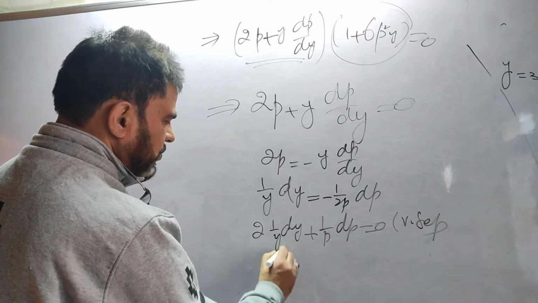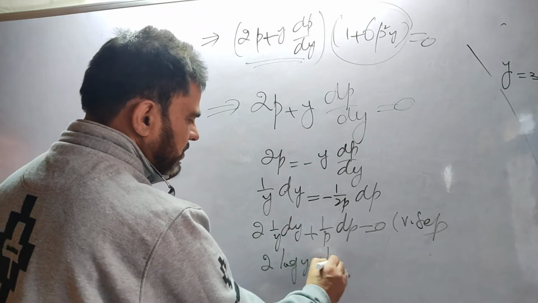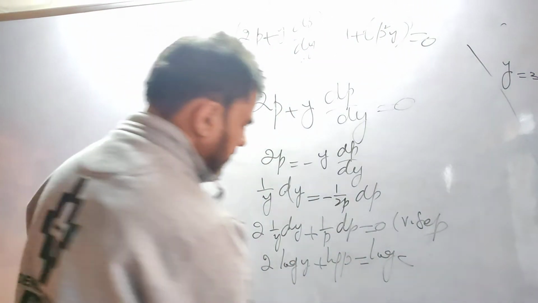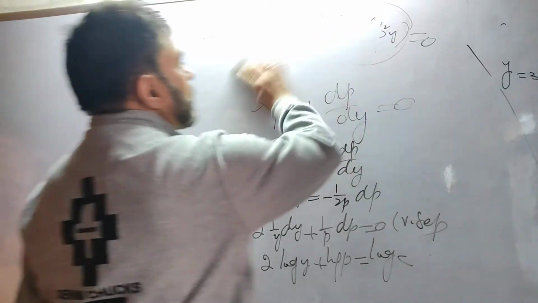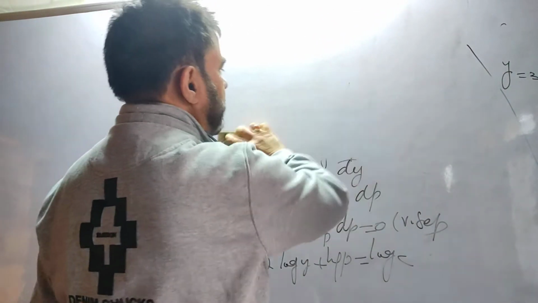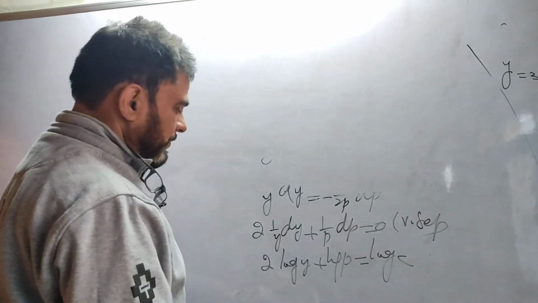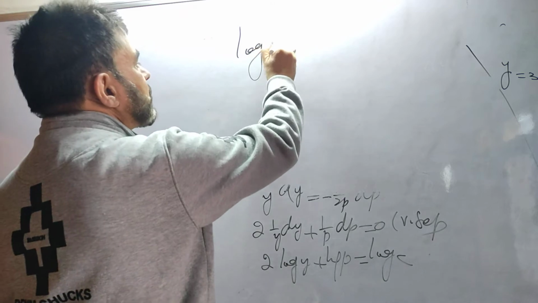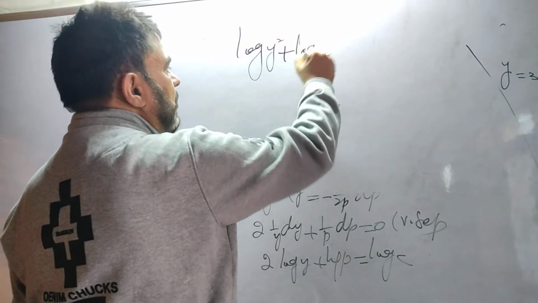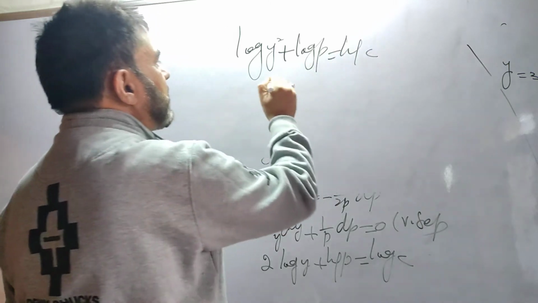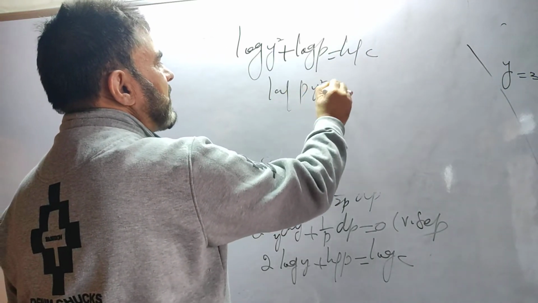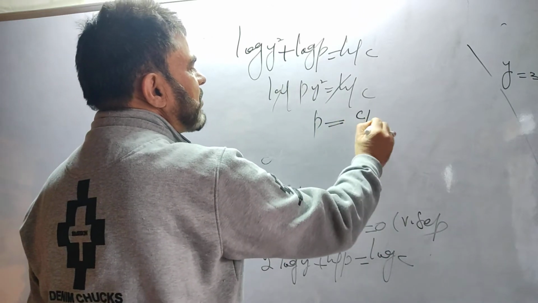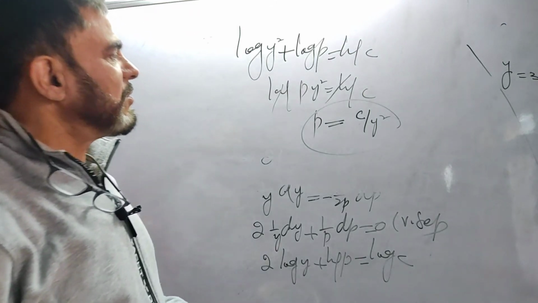When you integrate it, it is twice log y plus log p is equal to log c. Now you find out p. If you can easily eliminate the p, this will be log of y square plus log of p is equal to log c. That means log of py square is equal to log c. So that means you can easily get p. p is c by y square. You have got p is equal to c by y square.